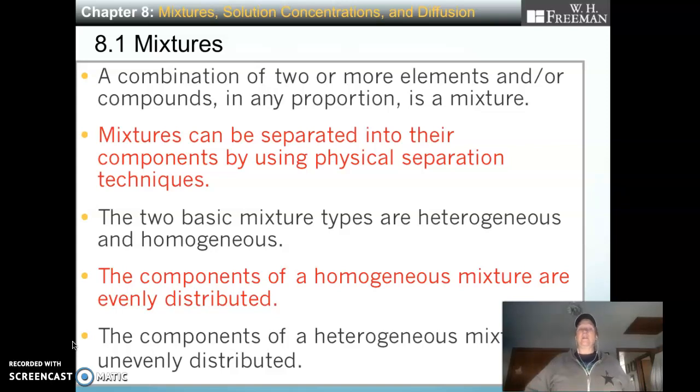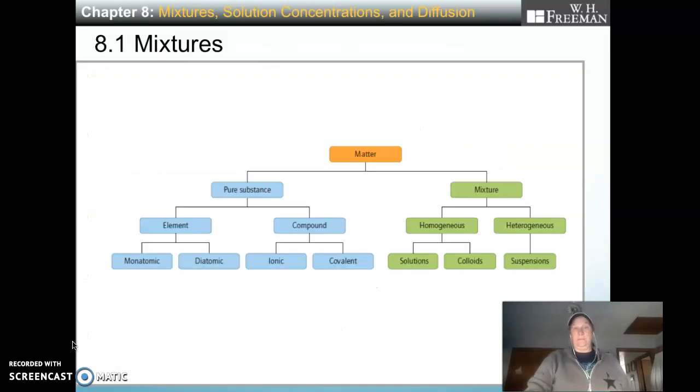And now we're going to talk about how they have different parts as well. Okay, if you take all matter, then we have pure substances and we have mixtures. This part we're not talking about because this is chemical. A pure substance means it's always the same.